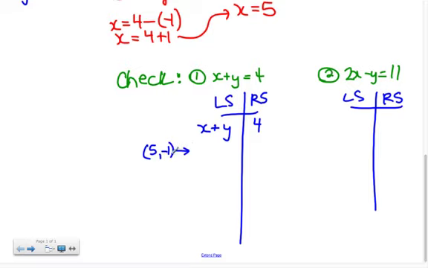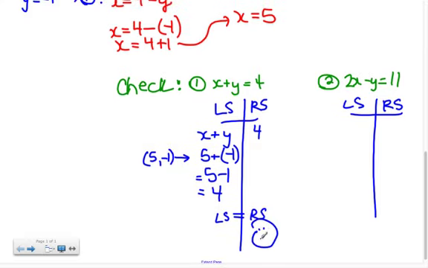The 5 goes where the x was. The -1 goes where the y was. So it's 5 plus -1, and 5 plus -1 is equal to 5 minus 1, which is equal to 4. And so for this equation, the left side equals the right side, and that makes us happy because it works.